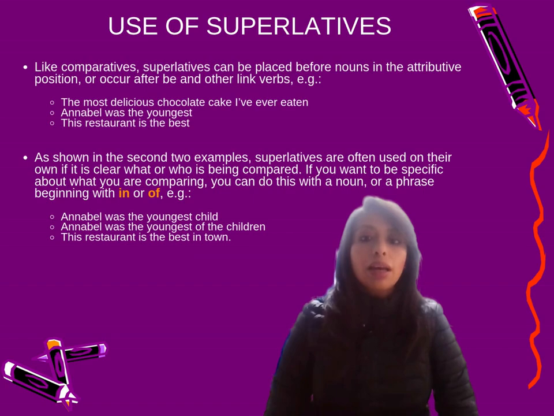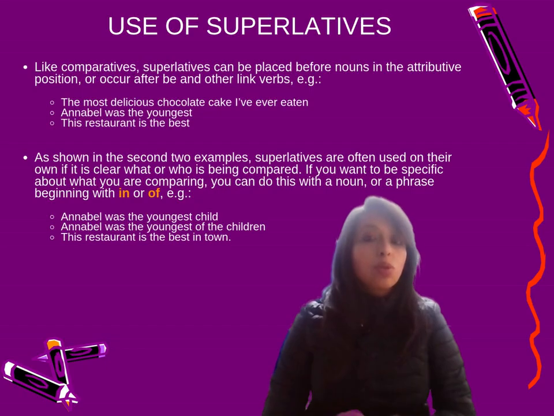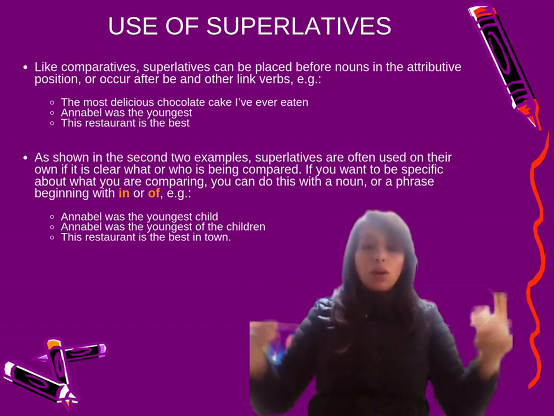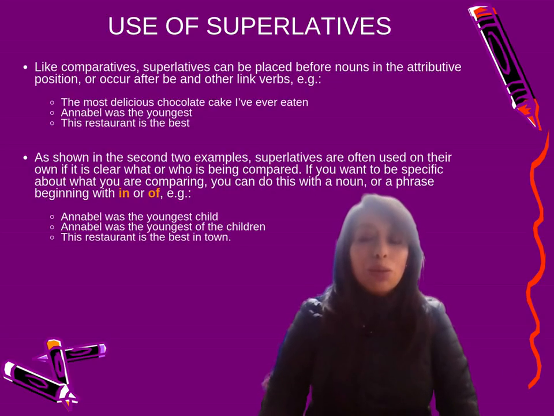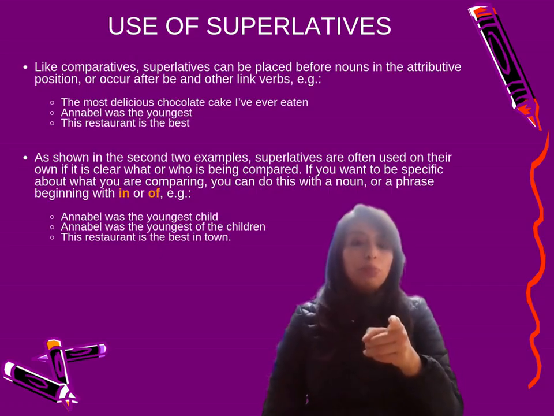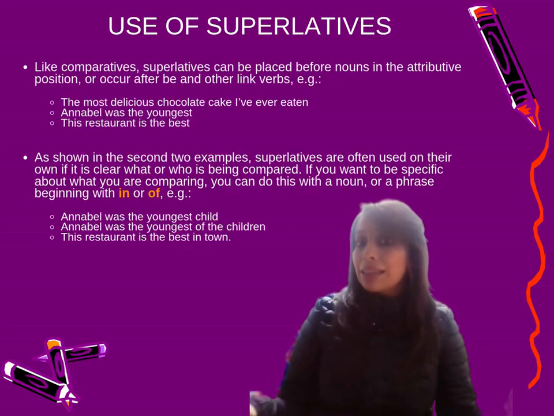Annabelle was the youngest. So remember that superlatives you are going to use to compare in a group of people. That's all. So please now it's your turn to practice. Remember that you have some activities in the booklet.